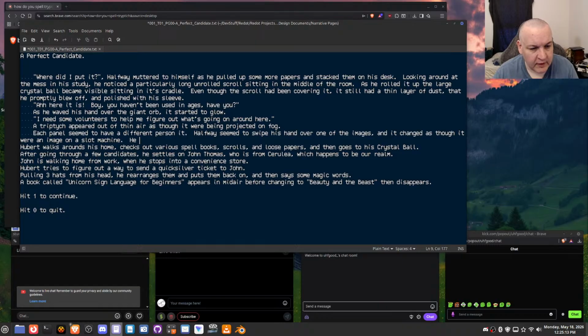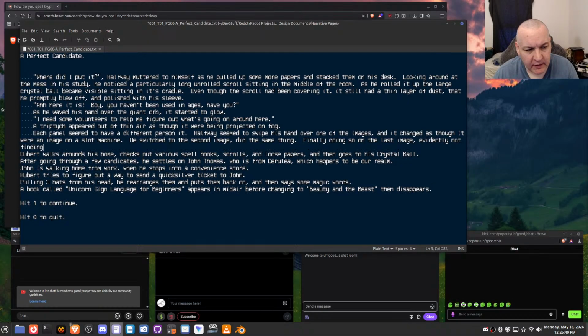When he switched to the second image and did the same thing, and finally doing so on the last image. Evidently not finding what he was looking for.